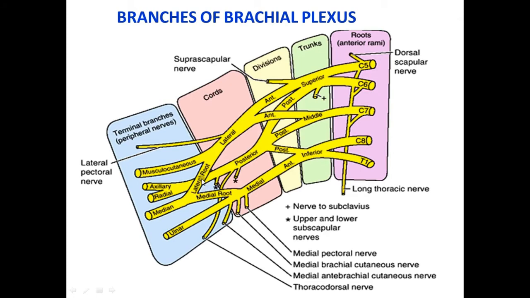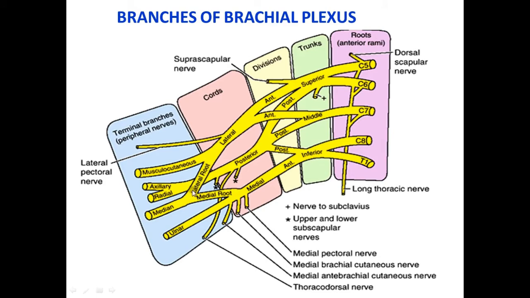And you can see the terminal branches, the musculocutaneous nerve. The musculocutaneous nerve arises from the lateral cord. And over here, from the lateral cord, one root goes downward, and another comes from the medial cord.